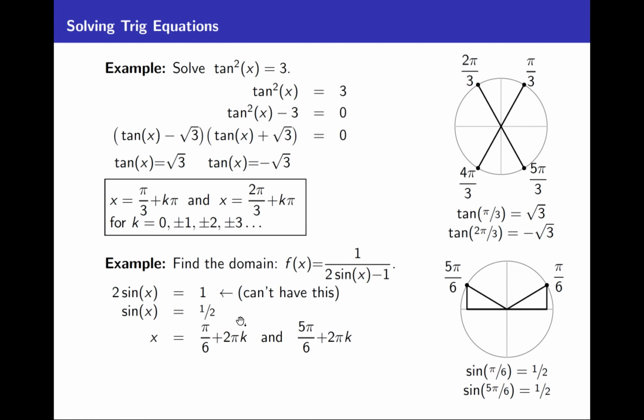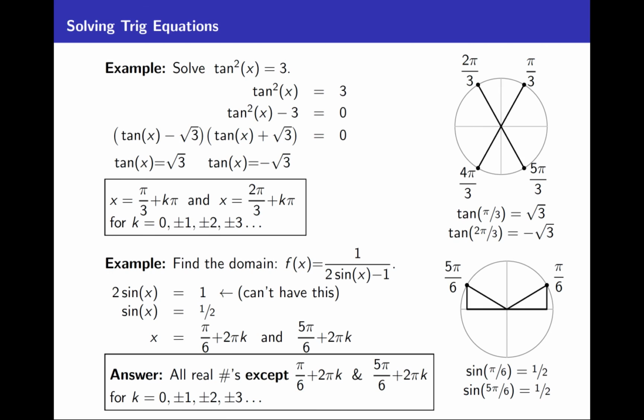So those are not in the domain of the function. So we could say the answer, the domain of this function, is all real numbers except pi over 6 plus 2 pi k, and 5 pi over 6 plus 2 pi k for integer values of k. So there's our solution.